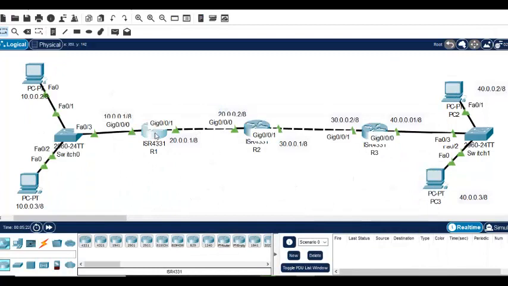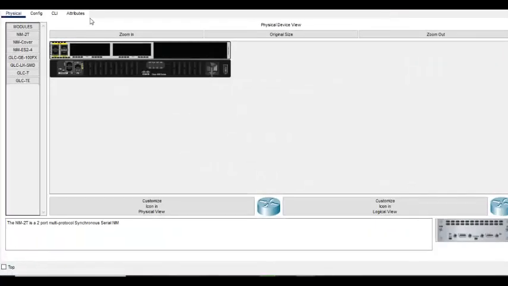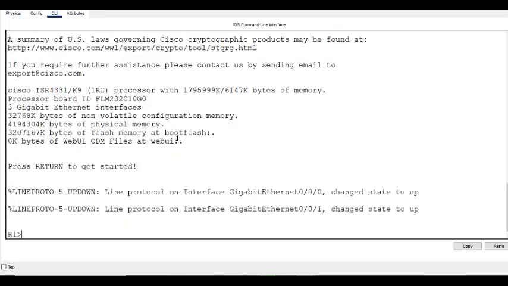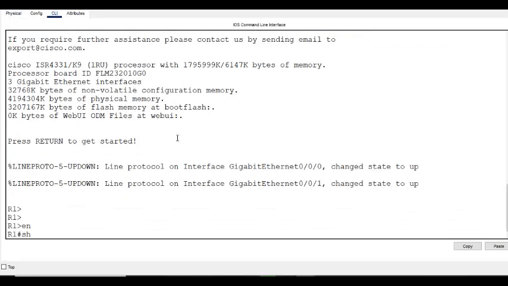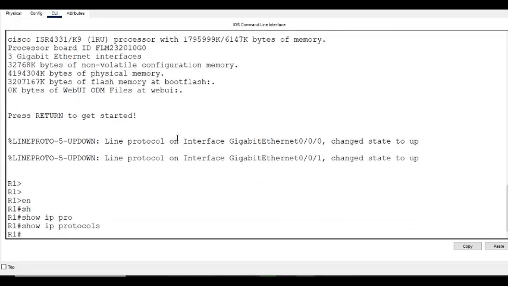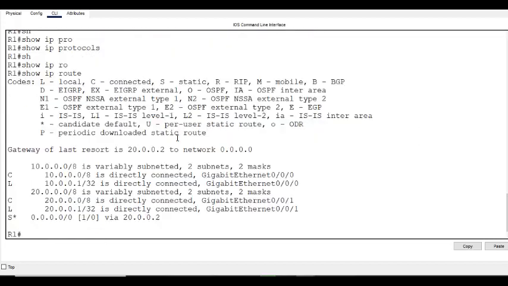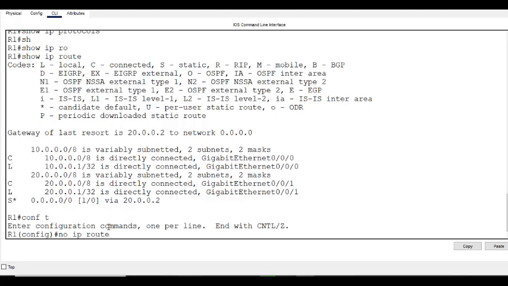Currently, the show ip protocol command will show what protocol I'm running. No protocol I'm running. Show ip route. I have a static default route. I'm going to remove this. No ip route 0.0.0.0 0.0.0.0 and the next hop.